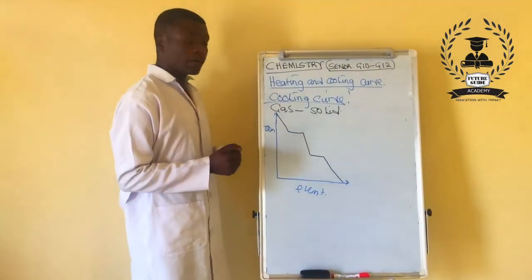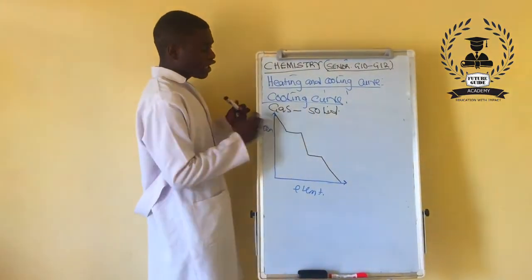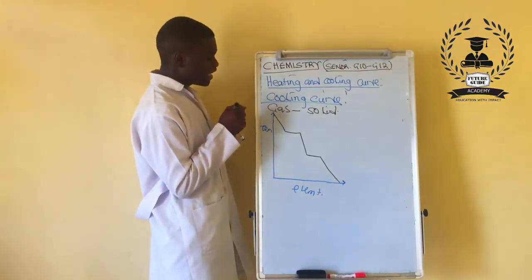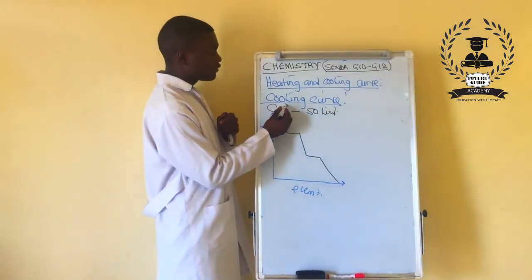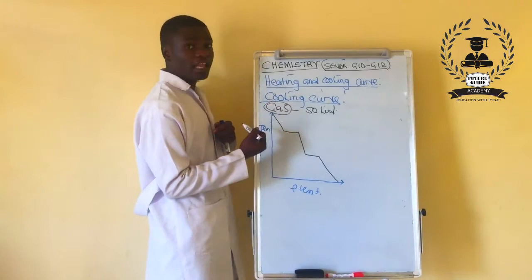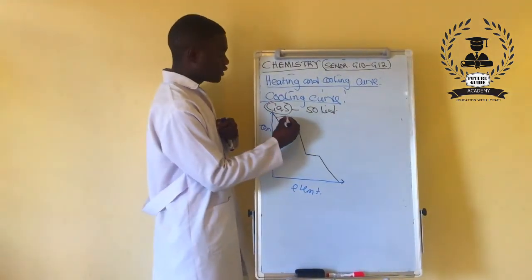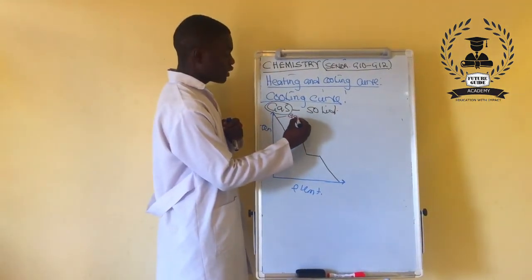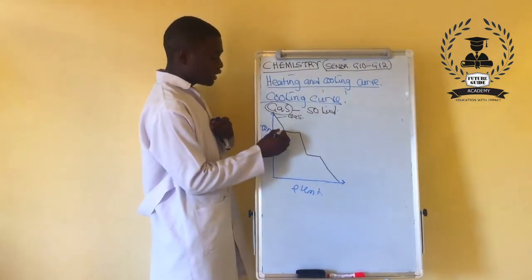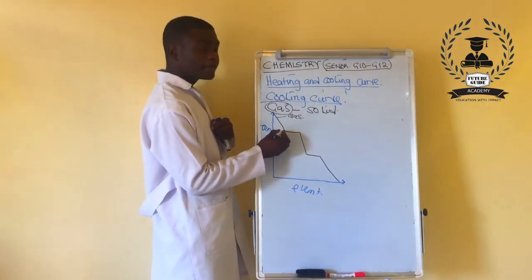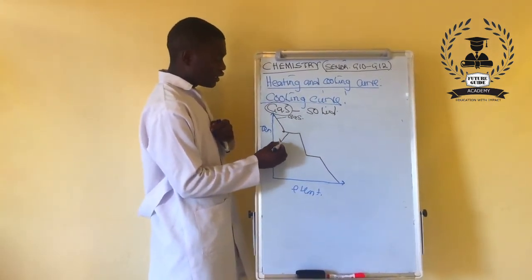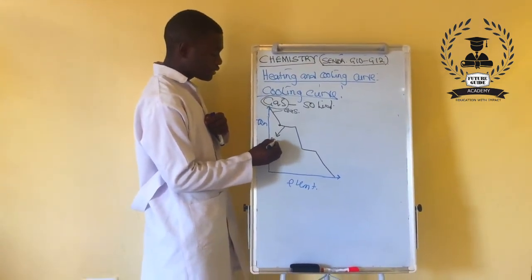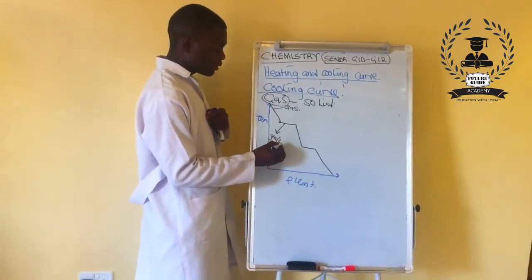Now this is how it goes. Under a cooling curve, the first initial substance that we have, remember we mentioned it's a what? It's a gas. So this one is a gas. When it reaches this point now, it is changing. It becomes a gas and a liquid.